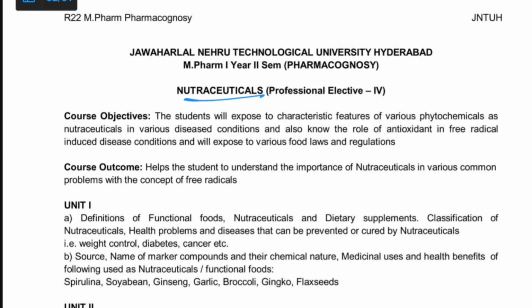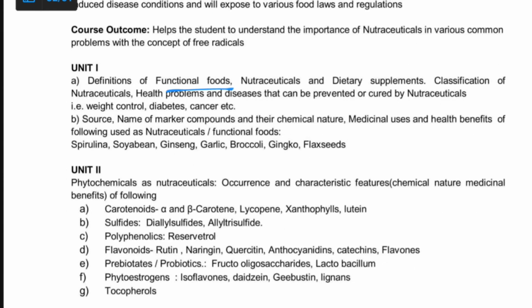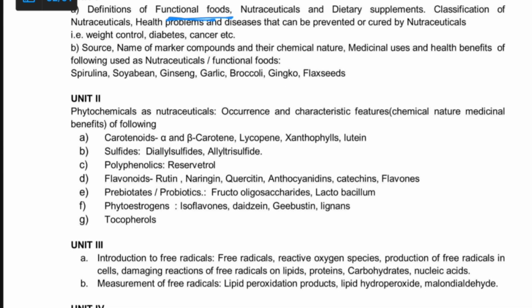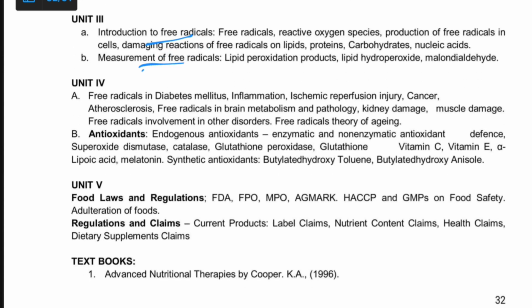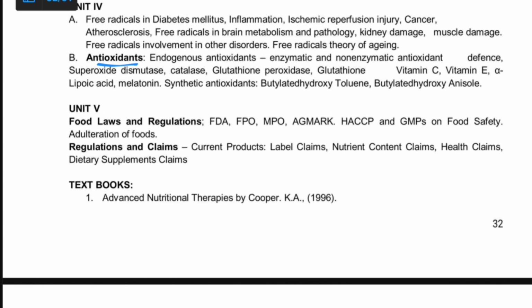Nutraceuticals: definitions of food functions, definitions of functional foods and nutraceuticals, phytochemistry and nutraceuticals, introduction to free radicals, measurement of free radicals, antioxidants and food labeling regulations and claims regulation.